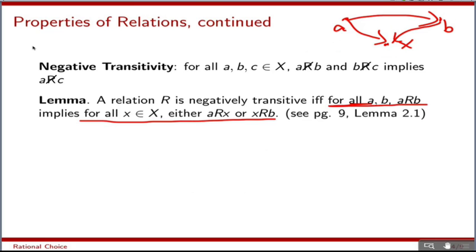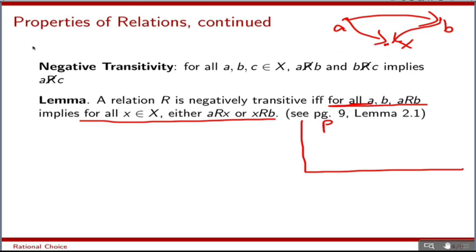So why is it the case that this property is equivalent to negative transitivity? Well, actually, this follows from some very simple logic. Just to remind you, there are two logical rules that we'll use here.